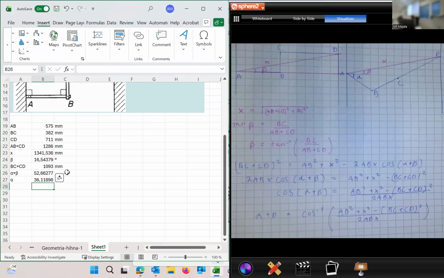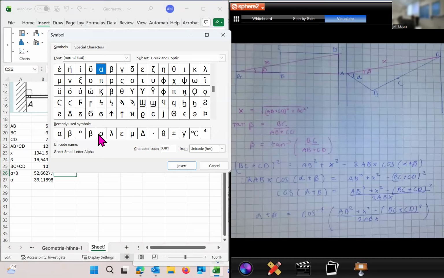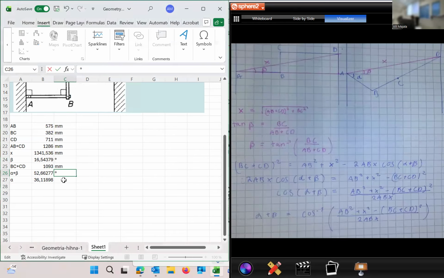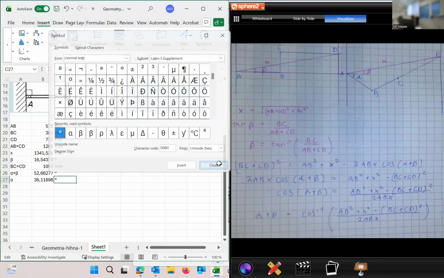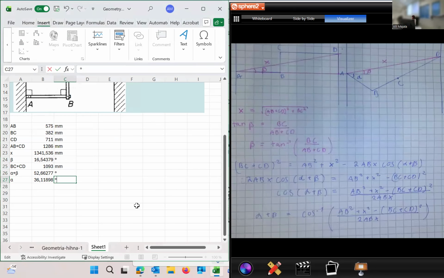Yeah, and I have to put here the symbol still, so I know what I calculated. I do it again. And now I can even round it.